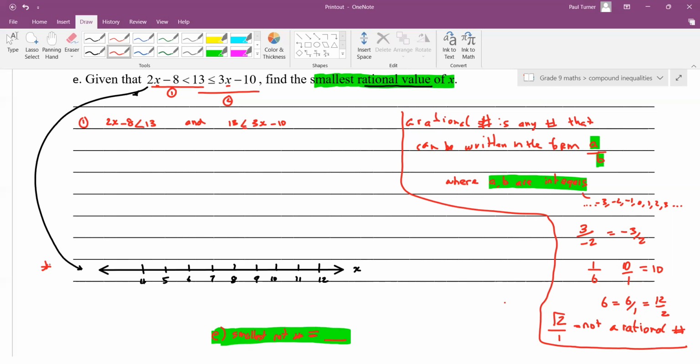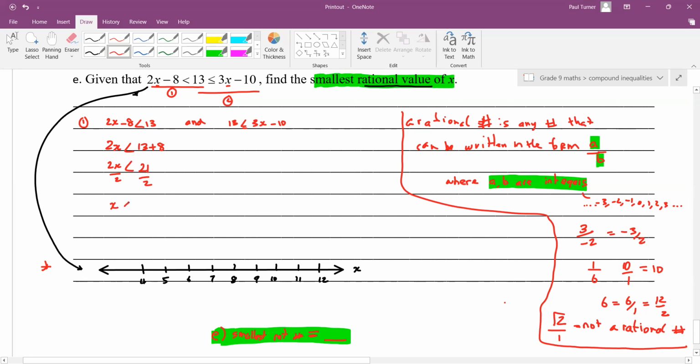I'll work on the first one. So you've got 2x less than 13 plus 8. I got one answer, so see if you can do it. 2x less than 13 plus 8, that's 21. And now we divide by 2.